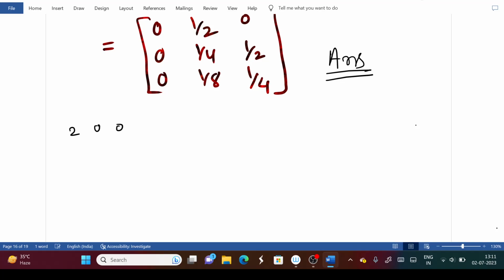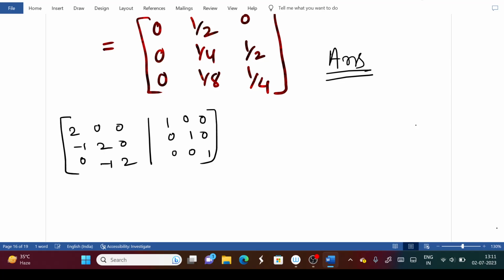The matrix is 2, 0, 0; minus 1, 2, 0; 0, minus 1, 2, augmented with 1, 0, 0; 0, 1, 0; 0, 0, 1. First, I will divide the first row by 2, so 1, 0, 0, half, 0, 0.